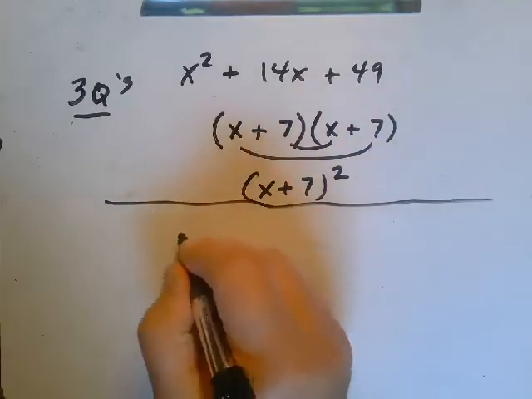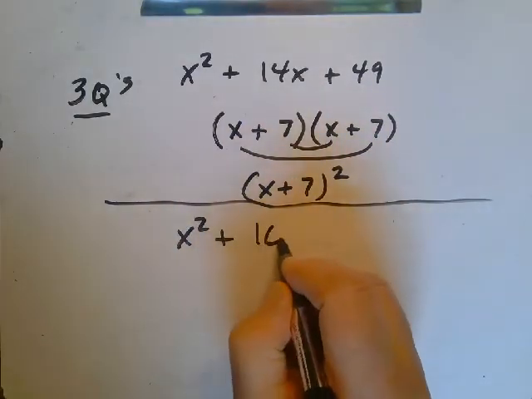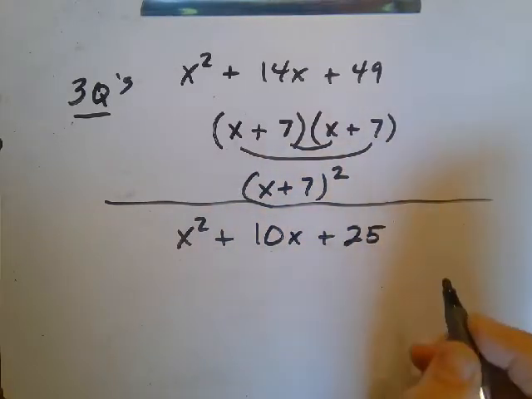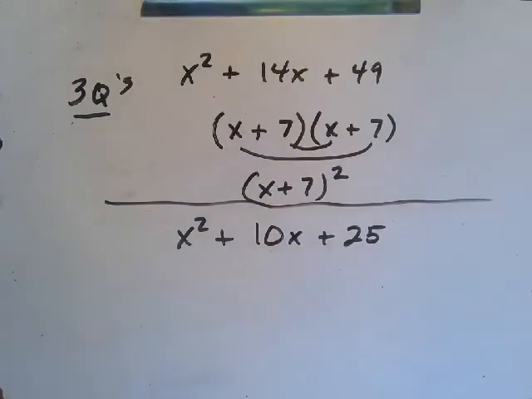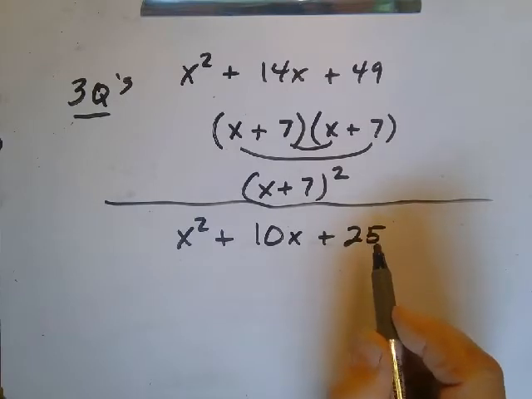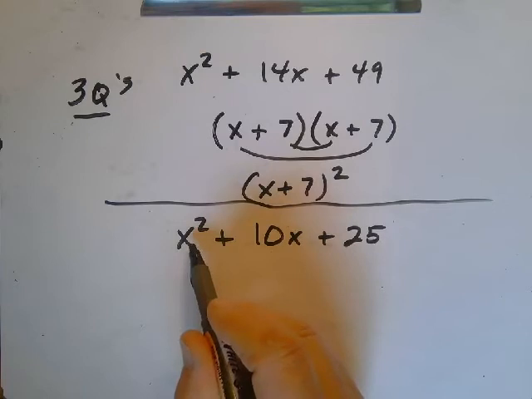Let's do another one here. All right. Now, I have to determine if this is a perfect trinomial square. To determine if we can use the shortcut on this, here are the 3 questions again.